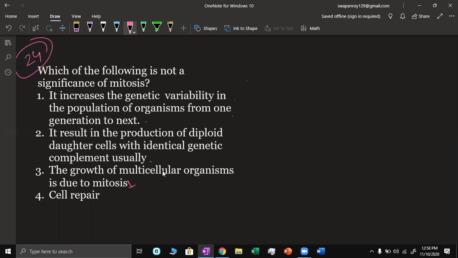This is true, and cell repair is due to mitosis. So options 2, 3, 4 are significances of mitosis. But option 1 is not the significance of mitosis, it is the significance of meiosis.